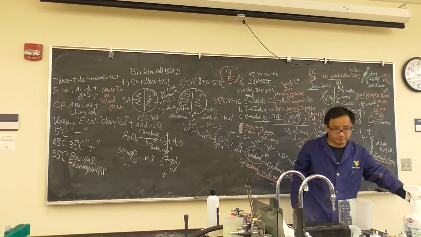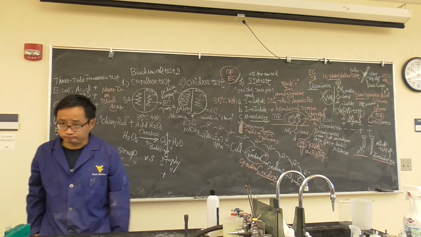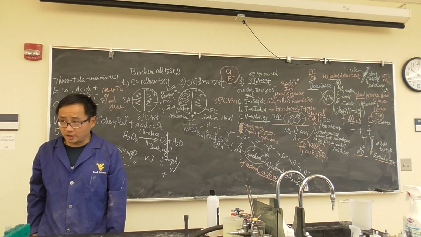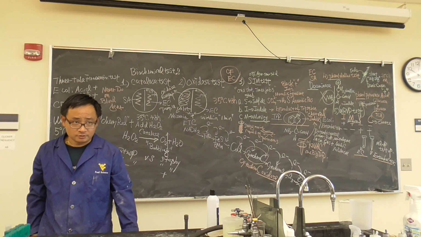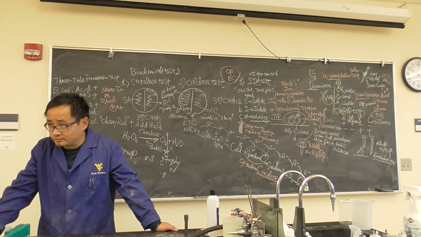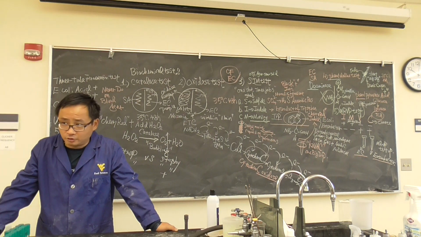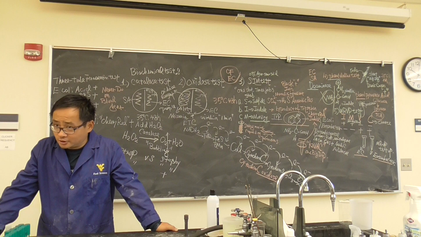Okay, let's make your life easy. Very important: no cross-contamination. If you cross-contaminate, everything looks the same. Another very important thing is to do a very good job of labeling. Otherwise, on Thursday you will never find it. 2 plates, 3 slants, 1 tube, you're never going to find it.